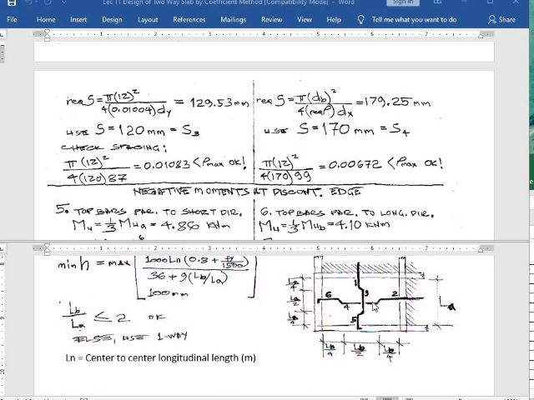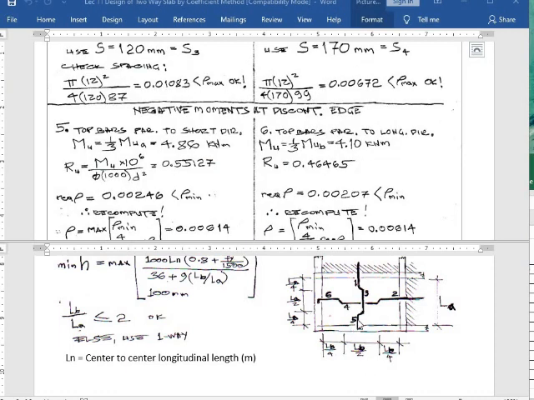Pati itong bar 5, isang bakal pa rin yan. Binend lang yan, mano-mano. Now, we will proceed to bars 6 and 5. Ito yung mga negative moments at discontinuous edges. Ang moment nito ay 1/3 nung opposite moment.